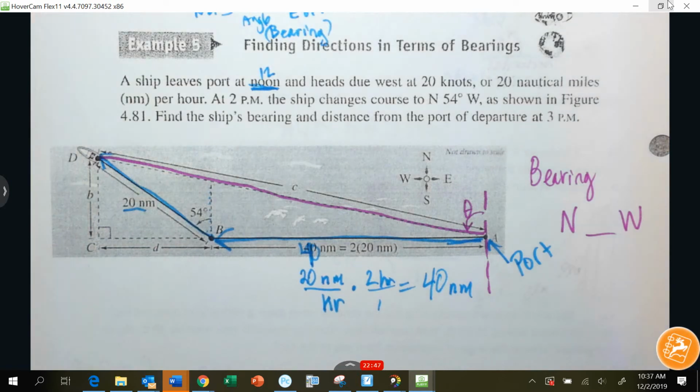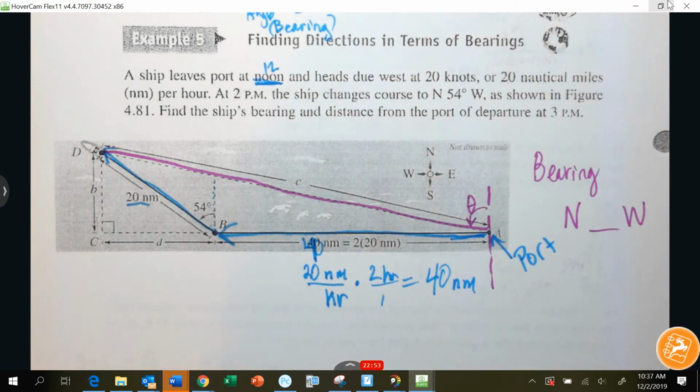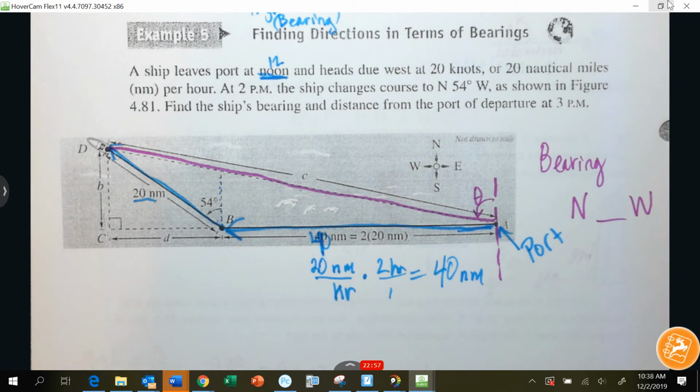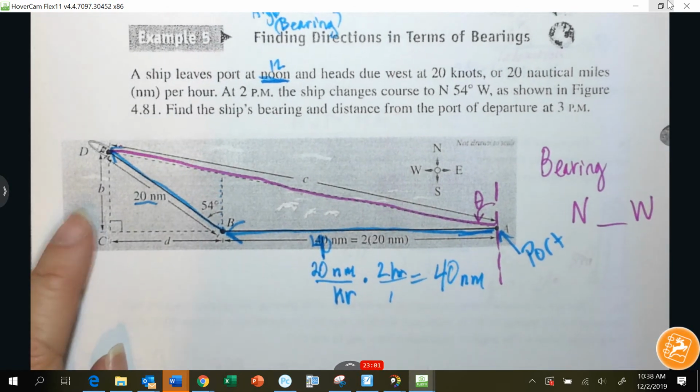All right. So we need to find the distance that I outlined in purple, which they called C. And we need to find the angle, which I called theta. But they also put a B and a D in there. Isn't that kind of interesting? They put B and D in there. It must be important. How are we ever going to find C?